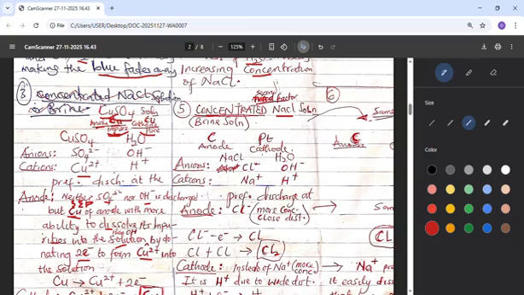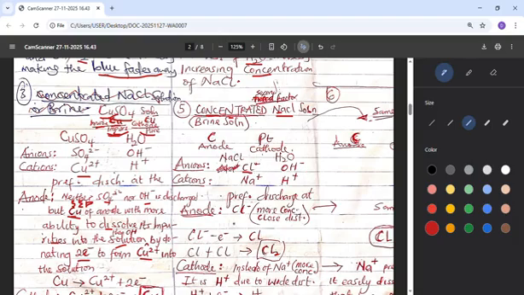Take note of this word, concentration. Concentration is another factor that can determine preferential discharge, meaning that sodium is concentrated, chlorine is concentrated. So from here at the anode, between Cl⁻ and OH⁻, which one will be preferentially discharged? That will be Cl⁻ this time instead of OH⁻. OH⁻ was chosen for position, but now we are considering concentration.